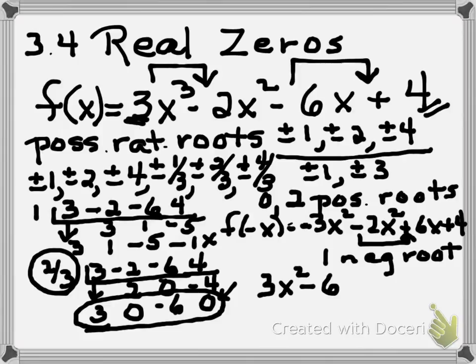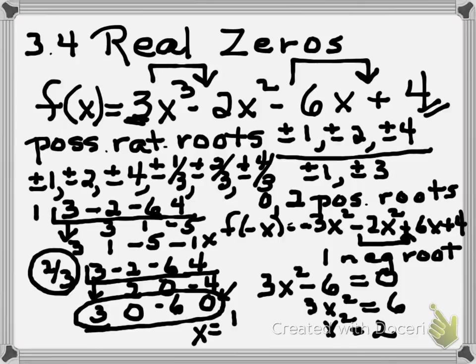So now what I can do is set this equal to 0, and I have 3x squared equals 6, x squared equals 2, so x is equal to positive and negative square root of 2 for the other two solutions. And you can see that I got 2 positive, 2/3 and positive square root of 2, and 1 negative, the square root of 2.